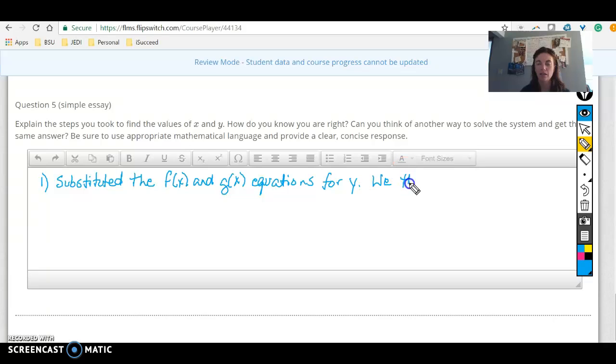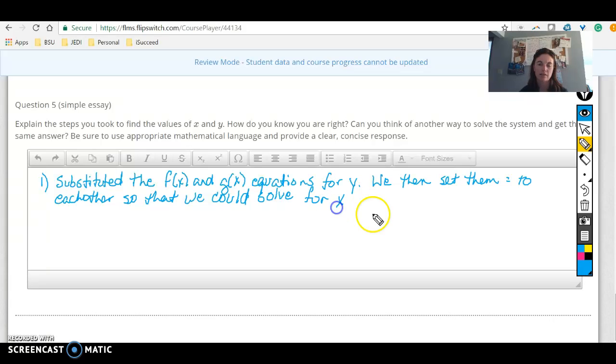We then set them equal to each other so that we could solve for x.